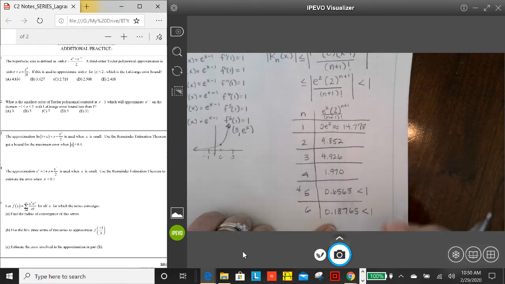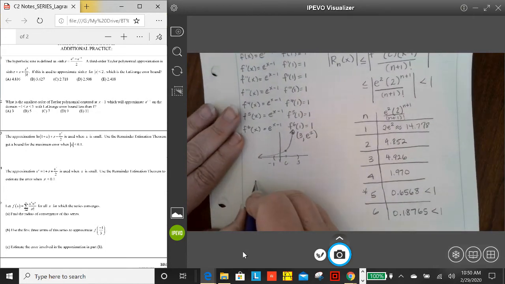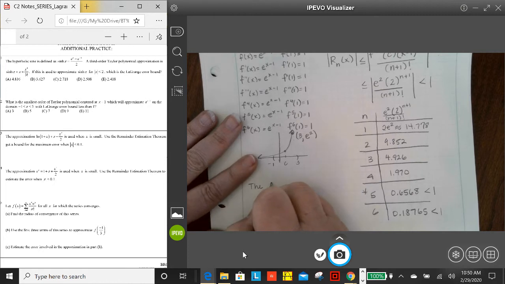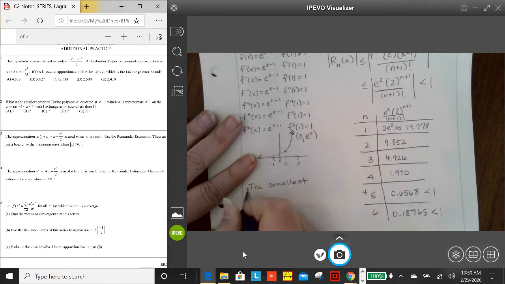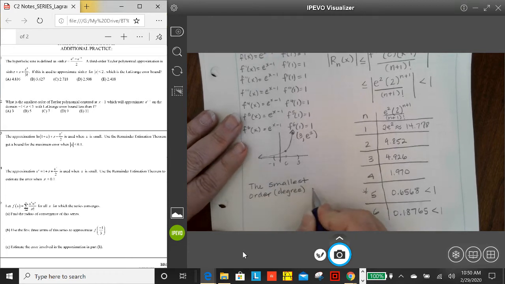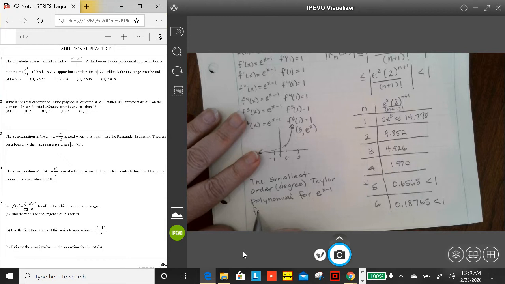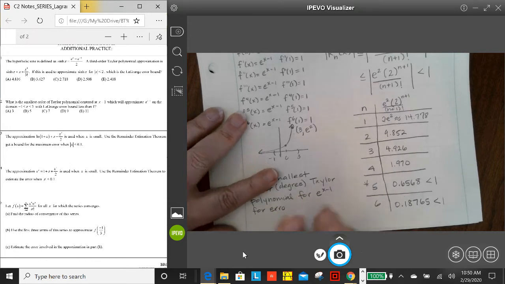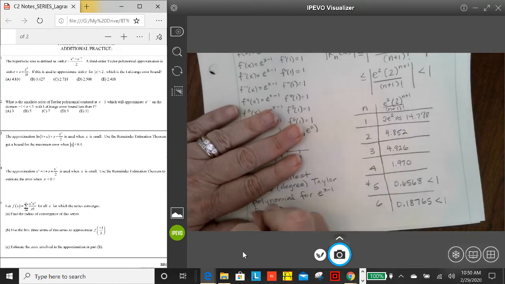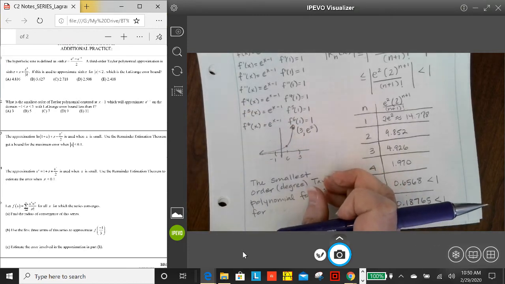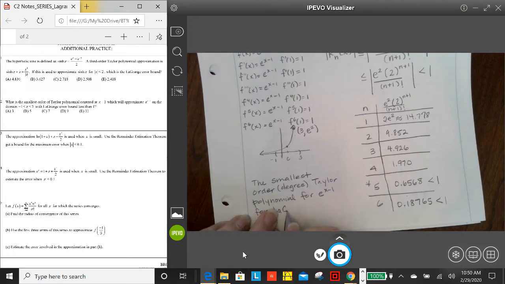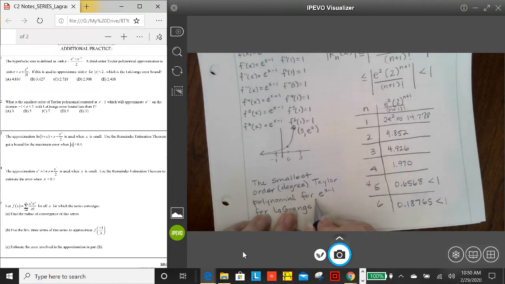But the question asked for the smallest order or the smallest degree. So we can say the smallest order or degree Taylor polynomial for e to the x minus 1, for not the exact error, but for the Lagrange part of the error, for the Lagrange error to be less than 1 is 5.